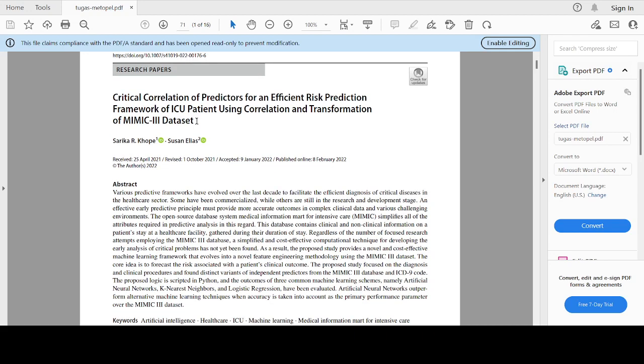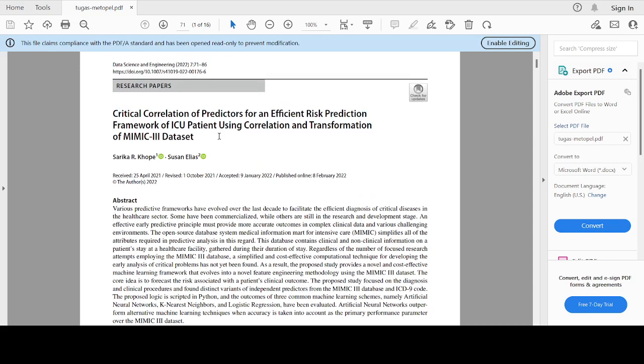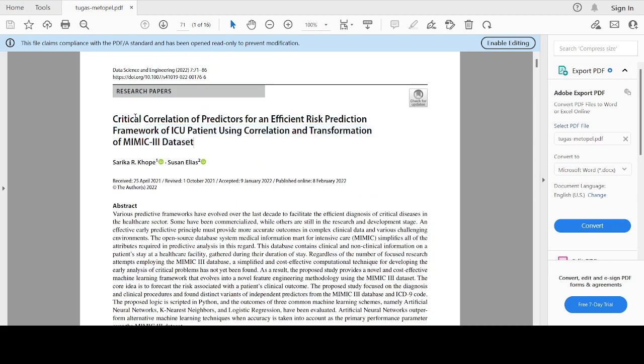First of all, the title. The title is about critical correlation of predictors for an efficient risk prediction framework of ICU patients using correlation and transformation of the MIMIC dataset. So the dataset used is MIMIC, and the subject of research is ICU patients.